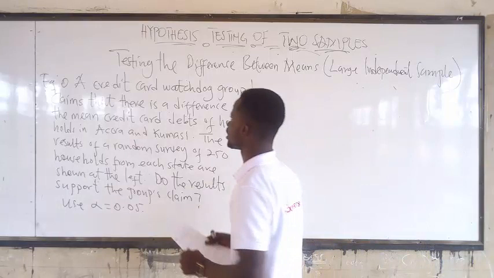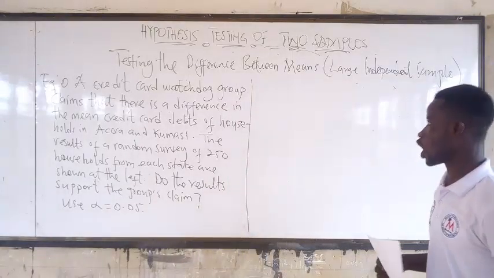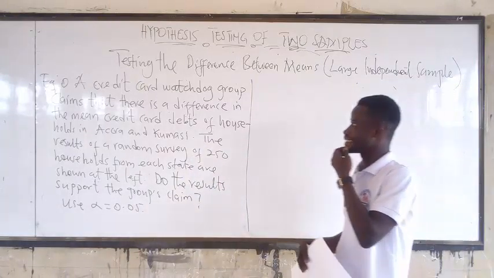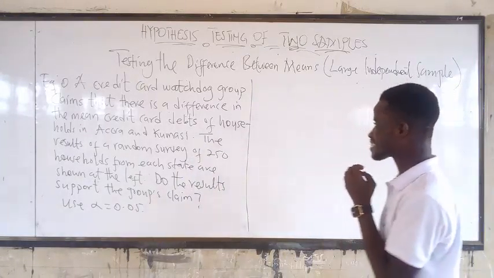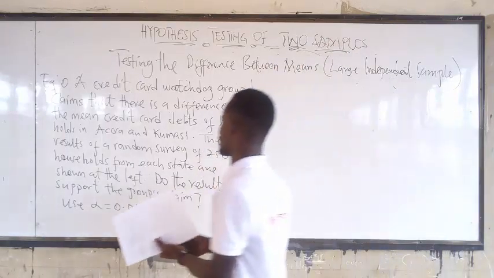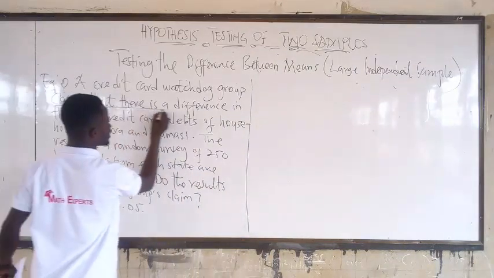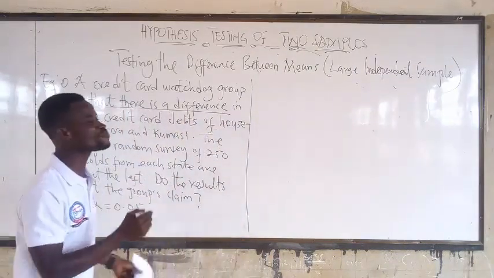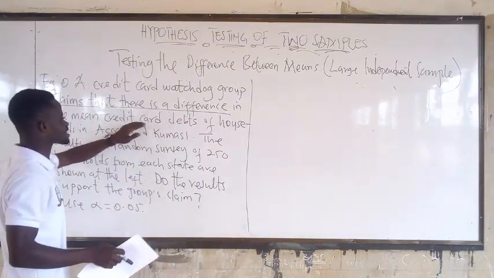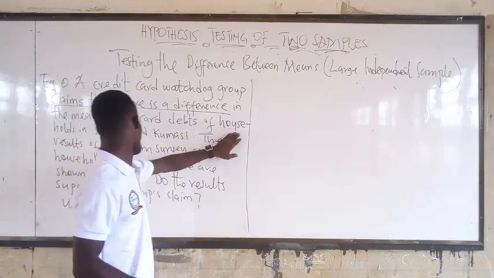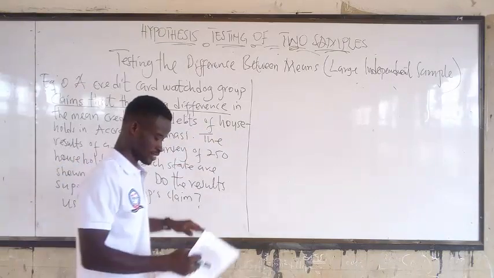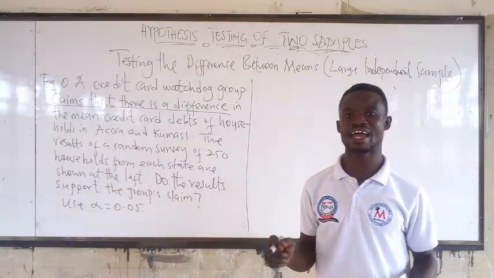Okay. All right. A credit card watchdog group claims that there is a difference. Note that this statement, the claim, is very necessary. It claims that there is a difference in the mean credit card debt of households in Accra and Kumasi.